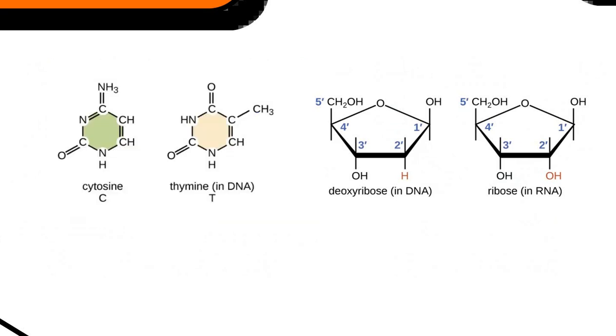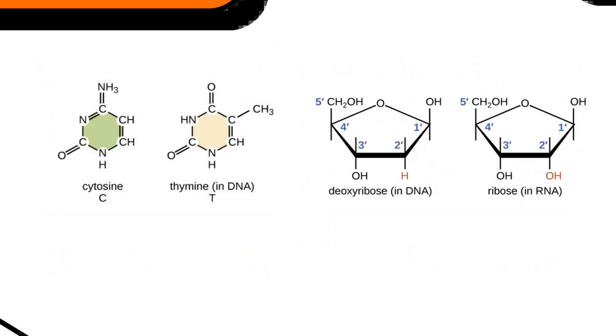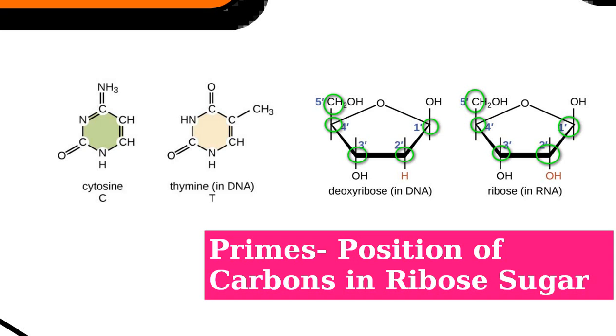The reason for using these primes is to differentiate the carbons present in the nitrogen bases from the carbons present in the pentose sugar. To make it very clear, the suffix prime is used to denote the position of carbons in the pentose sugar.